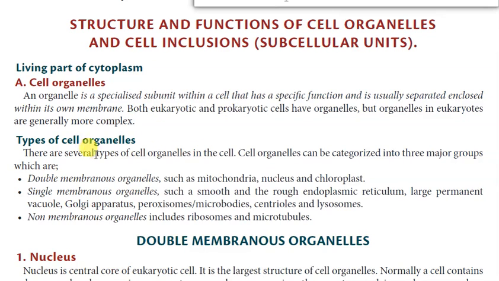So there are several types of cell organelles in the cell. Unaona, several categories of cell organelles, but the three major categories: we have the double membranous organelles such as mitochondria, nucleus and chloroplast; the single membranous organelles such as smooth and rough endoplasmic reticulum, the large permanent vacuole, Golgi apparatus, peroxisomes or microbodies, centrioles and lysosomes; and the non-membranous organelles which include ribosomes and microtubules.